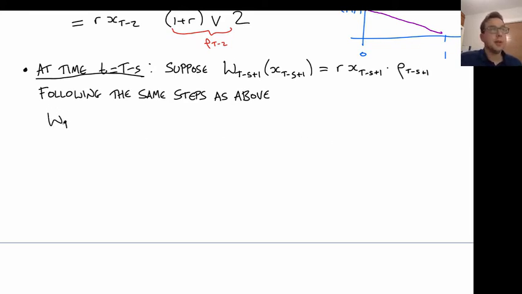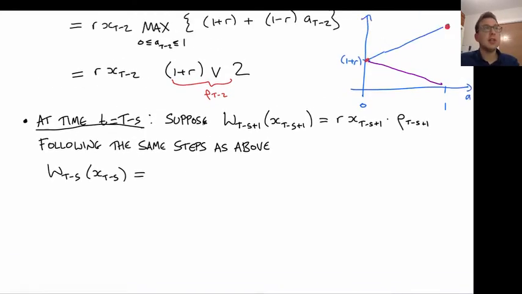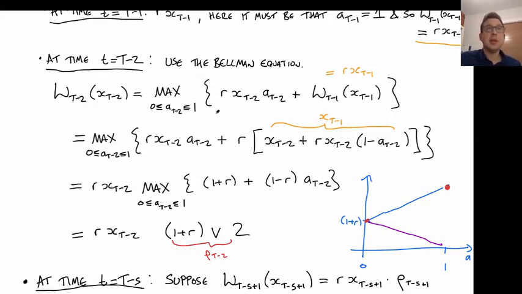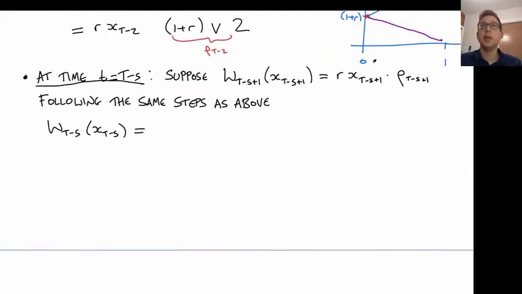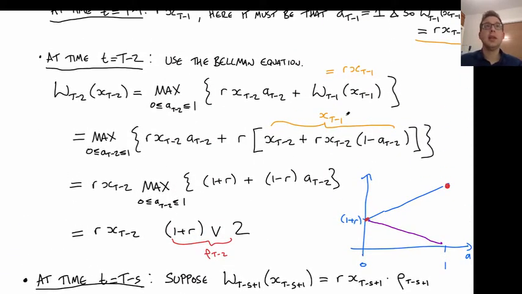Notice that W of t minus s is equal to, well, I could arrive at a similar Bellman equation expression. I'd substitute in the form of the next reward function, then apply the plant equation and rearrange to get a new expression.